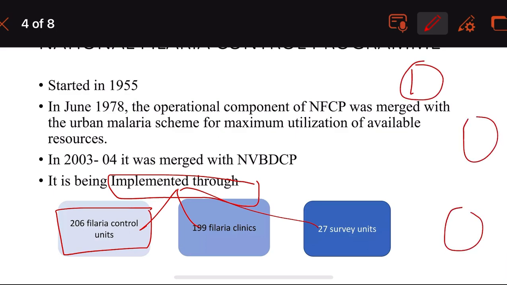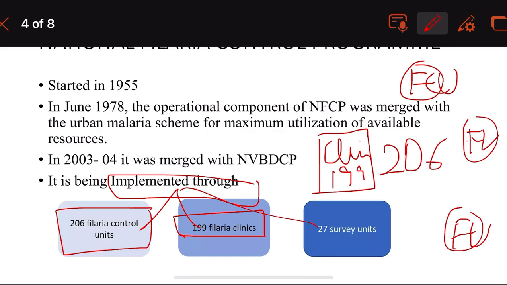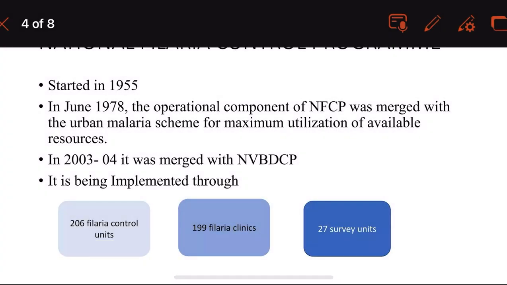They set up filaria control units, about 206 in number, and 199 filaria clinics. So you see the clinics were 199. And lastly, 27 survey units. Clear guys?